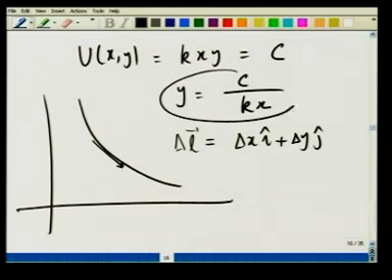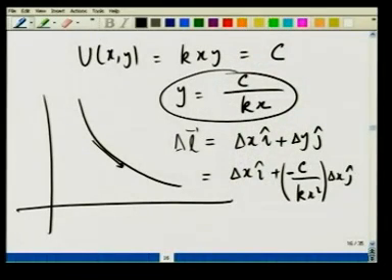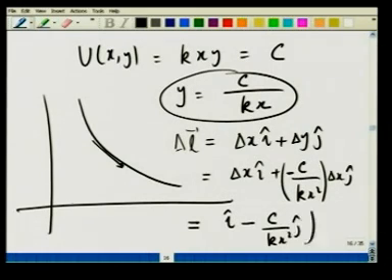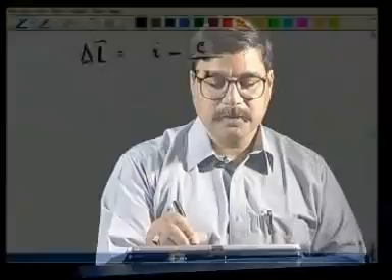But because of this relationship, delta y is going to be minus c over kx squared delta x j. So if I move along the contour, delta L is going to be i minus c over kx squared j, delta x, at a given point x.